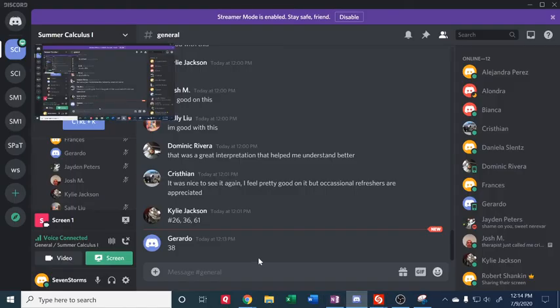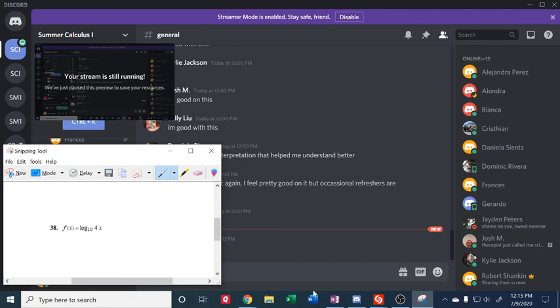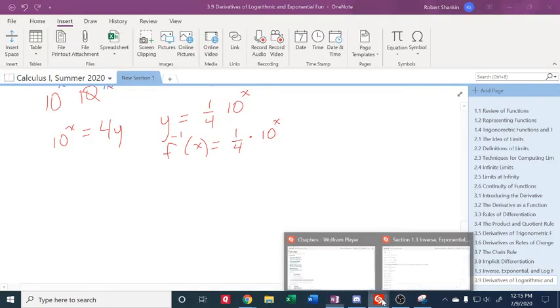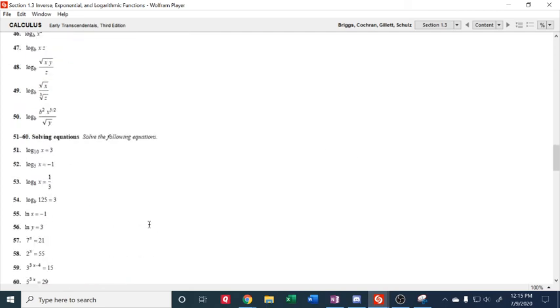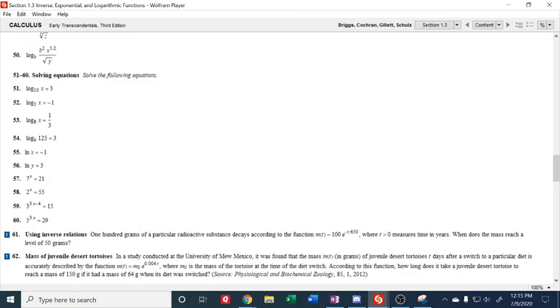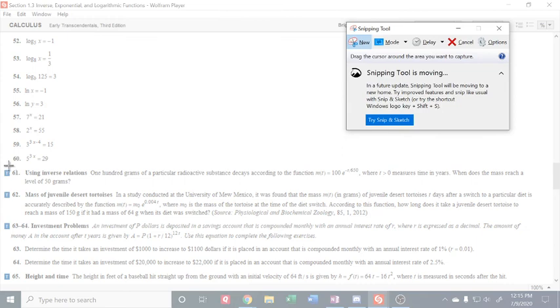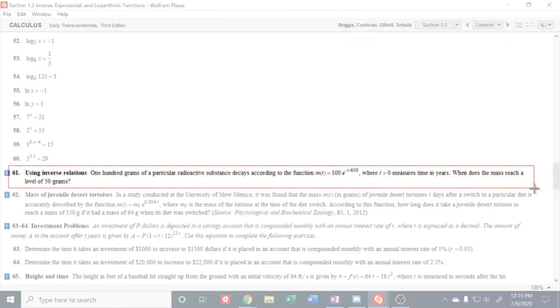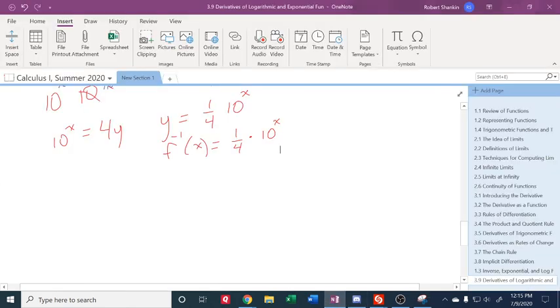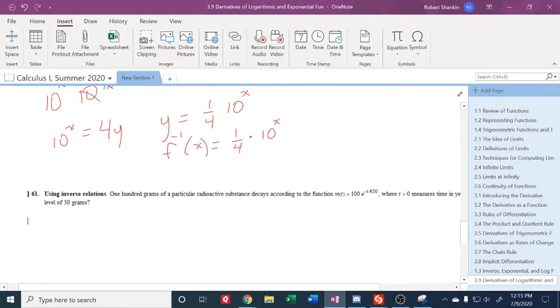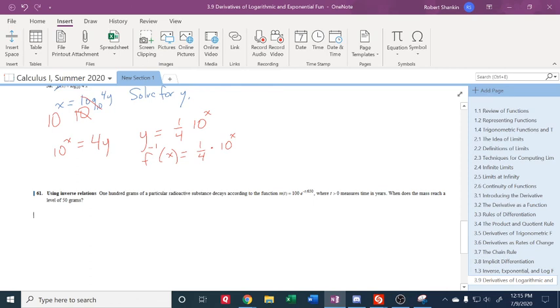All right, and then 61. Here it is. 100 grams of a particular radioactive substance decays according to the formula, where T measures time in years.